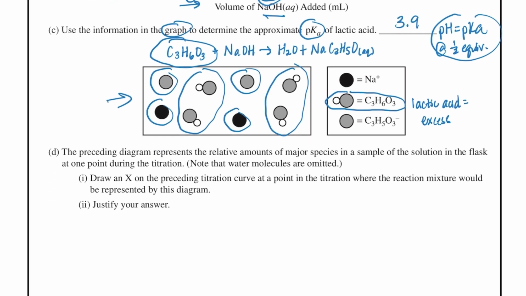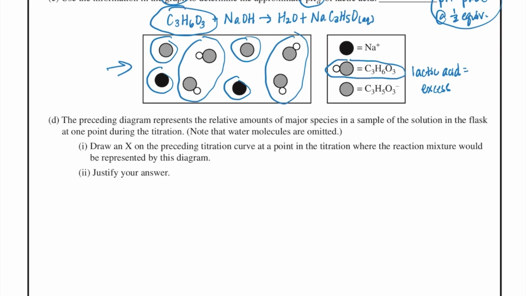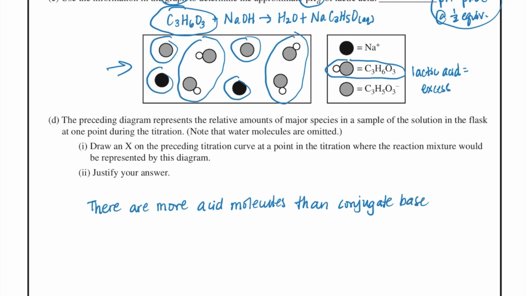For the justification, we can say there are more acid molecules than conjugate base molecules or particles, meaning that we have excess acid and we have not yet even reached the half equivalence point.